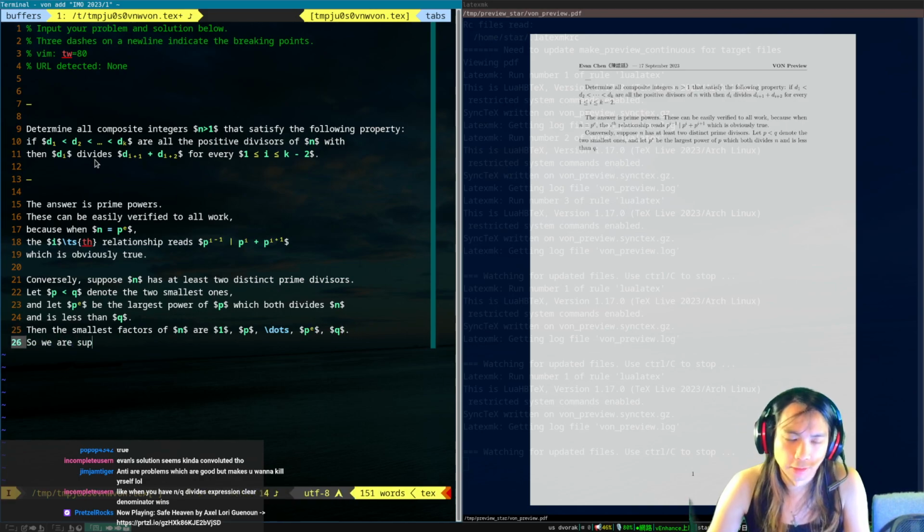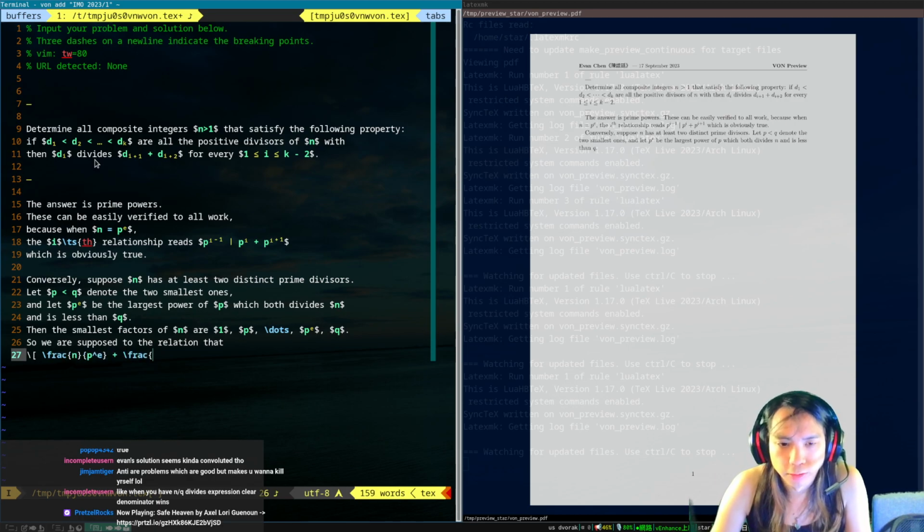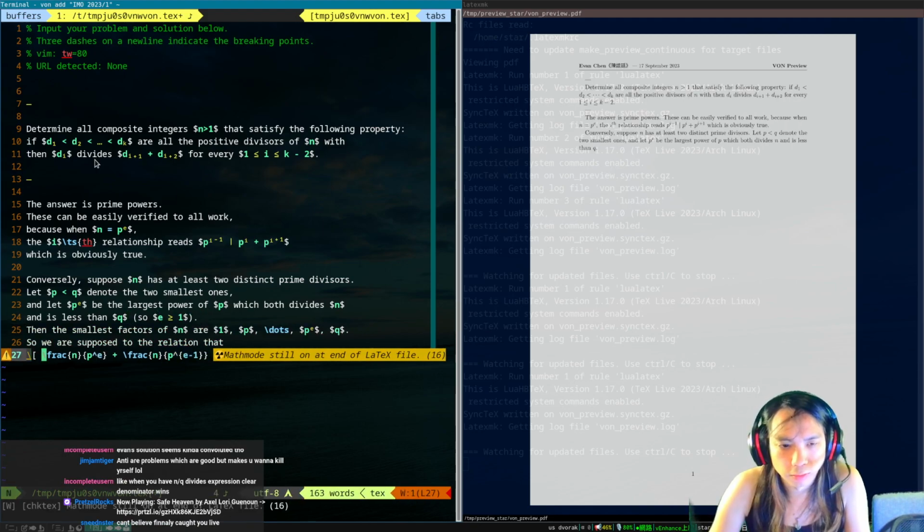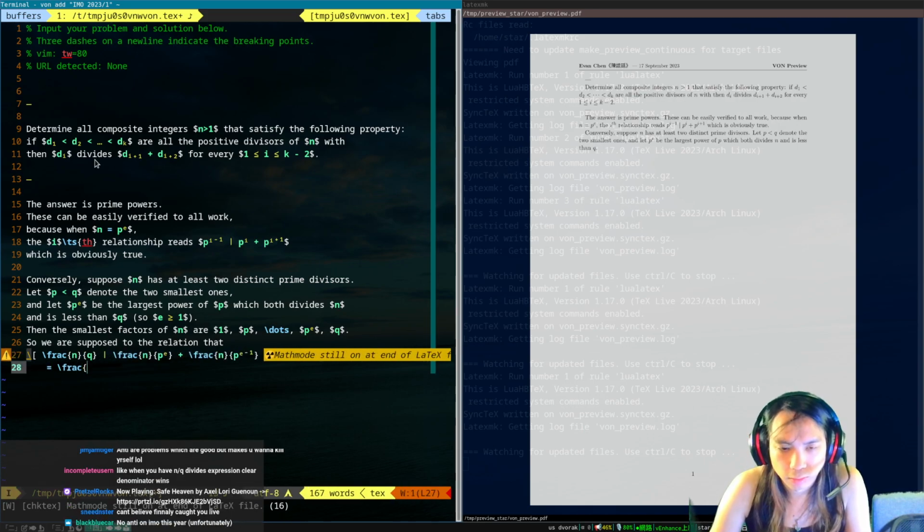So we are supposed to have the relation that n over p to the e plus n over p to the e minus 1 is divisible by n over q. And this is like p plus 1 times n over p to the e.